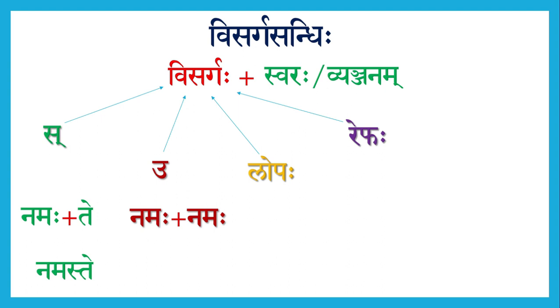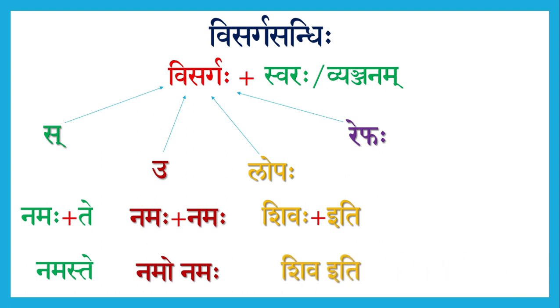In the place of visarga, the letter u enters, which later becomes the letter o, and our final word becomes namo namaha. In case of shivaha plus iti, the visarga disappears and our word combines to become shiva iti. Lopaha is nothing but the disappearance of visarga.